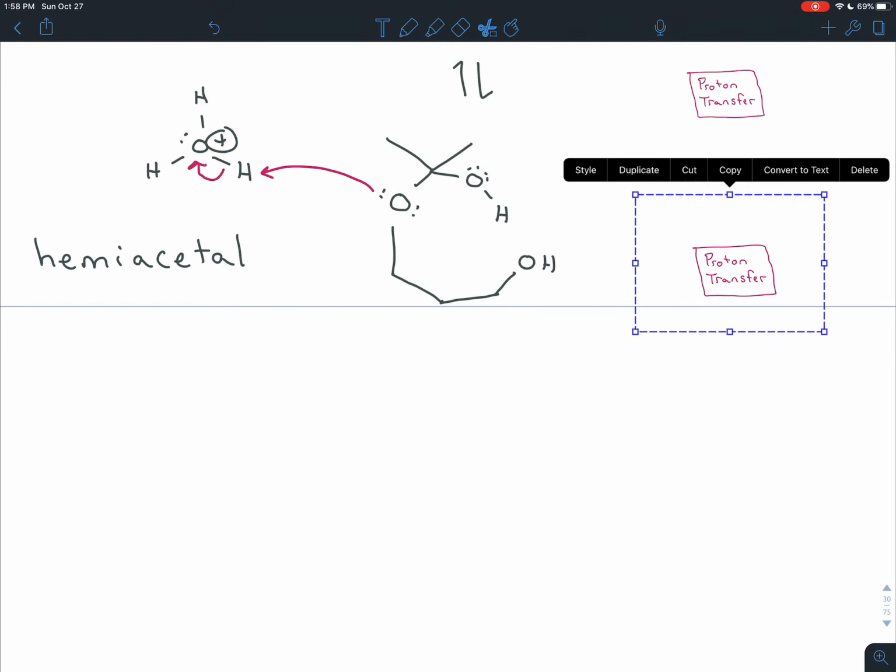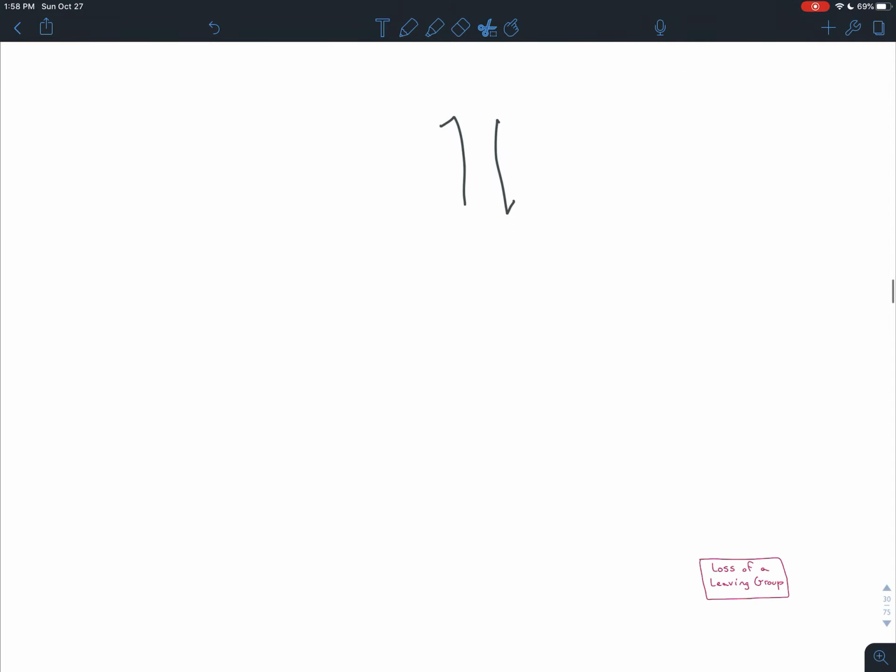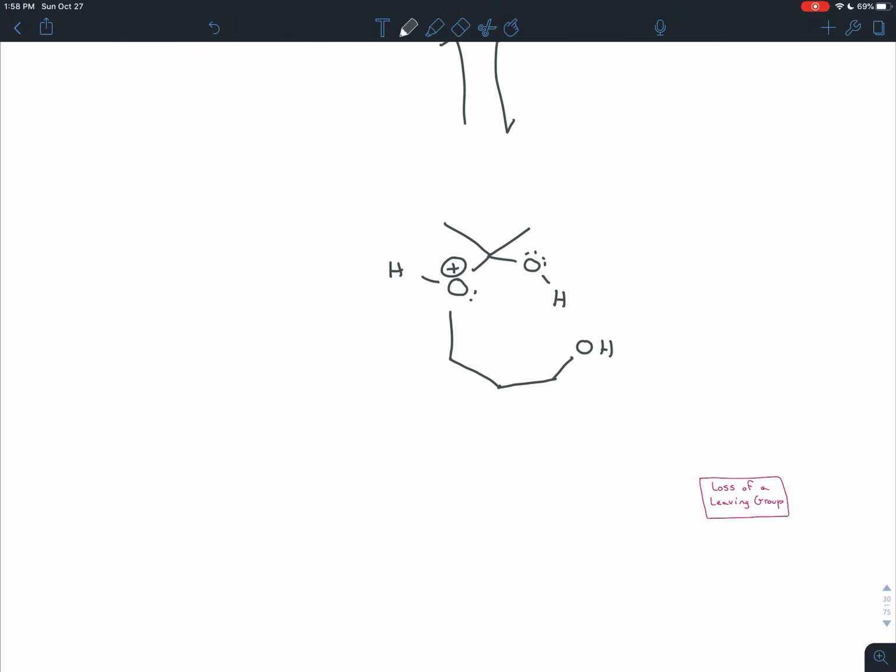So that there is this next proton transfer. Now that will leave us with basically the same molecule, but instead of a lone pair here, it'll be a bond to a hydrogen. And the oxygen will have a full positive charge because it has 3 bonds.